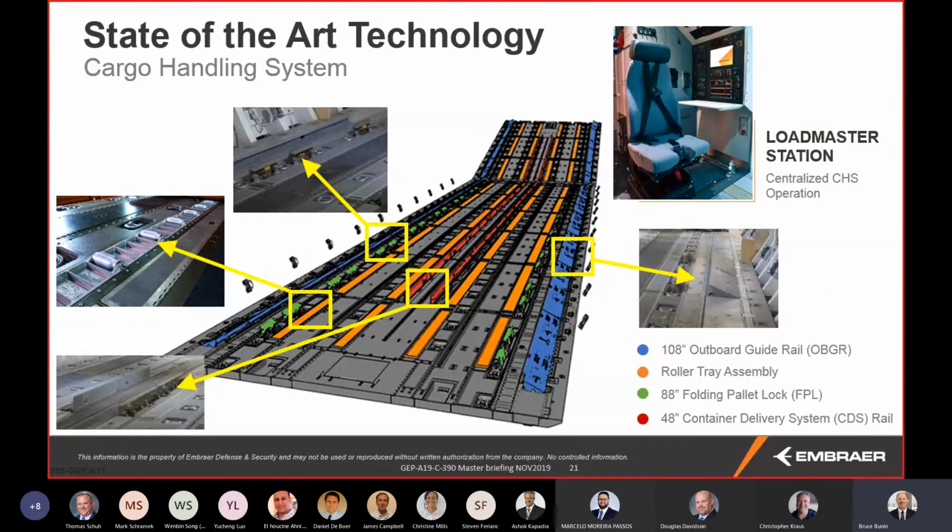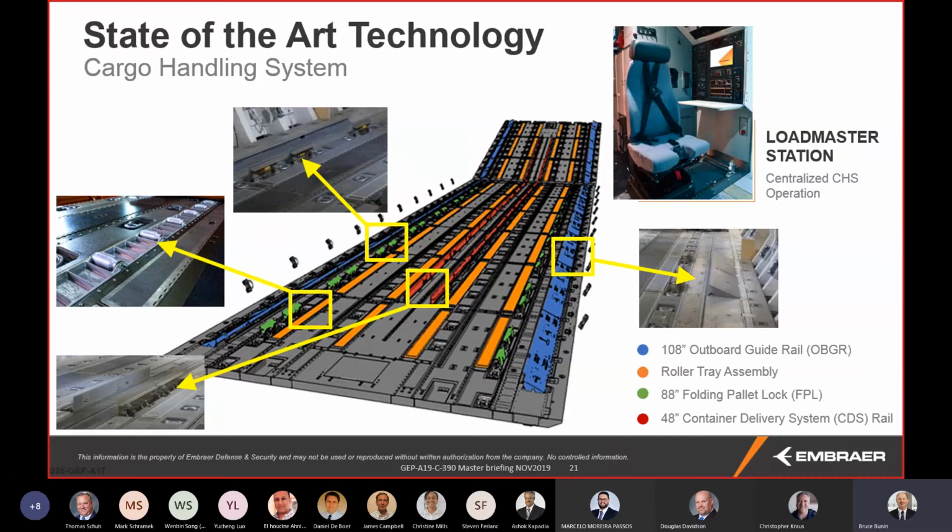And so you can quickly go from a flat floor configuration to a roll-on, roll-off using the unidirectional rollers in the floor. This system is as modern as anything out there in military airlift aircraft today, including C-17. So it's very easy to reconfigure. It's very quick to reconfigure.